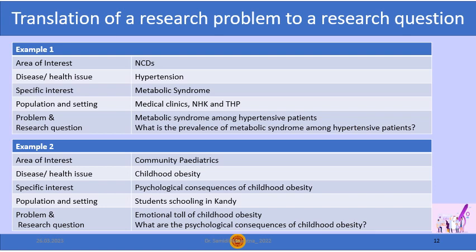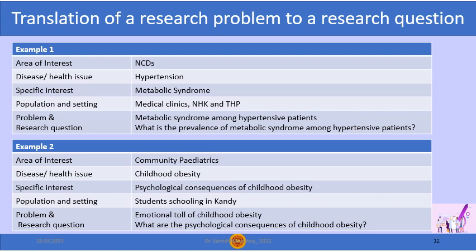So this is one way of translating a perceived problem into a research question. Another example is from pediatrics. Say you are interested in community pediatrics, and the particular health issue you are interested in is childhood obesity.